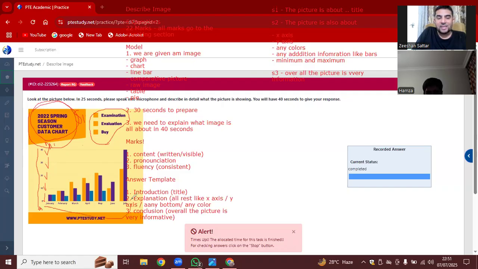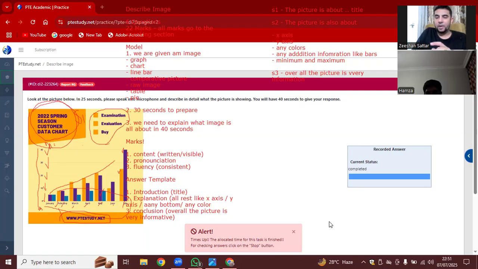The x-axis contains the months, which are January, February, March, April, May, June, and July. There are bars of multiple colors in the center, which are purple, orange, and blue. There is www.ptestudy.net as well. Overall, the picture is very informative. So this is the way of handling this class.